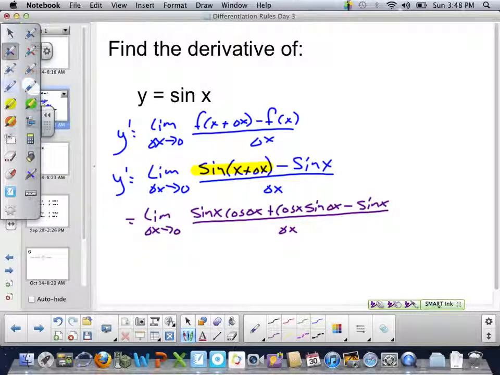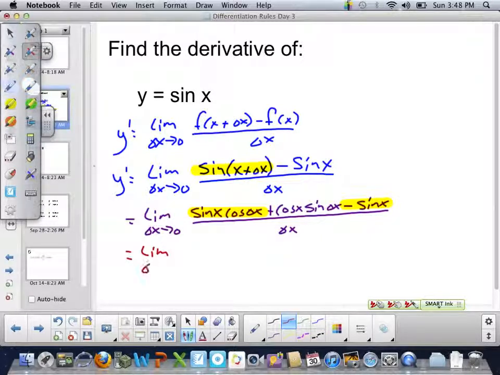Now from here, let's take a look. We've got a sine x in this expression and a negative sine x in that expression. So what we want to do here is group those two expressions together and factor out the sine x.